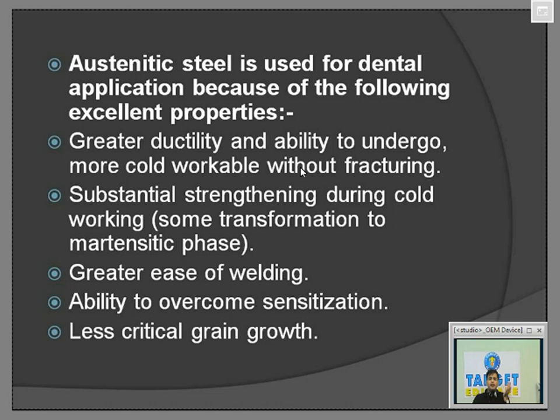Another property is that it undergoes substantial strengthening during cold working. So the strength is also increased during cold working. This occurs by some transformation to the martensitic phase.